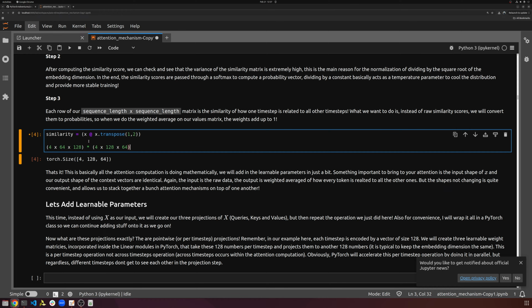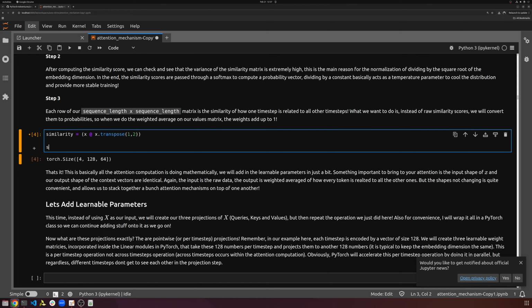This at operator will automatically parallelize over the batch. For every single sample in the batch, if you imagine it like a loop, but obviously it's happening in parallel, we have a 64 by 128 times a 128 by 64, producing what we hope to be a 64 by 64.